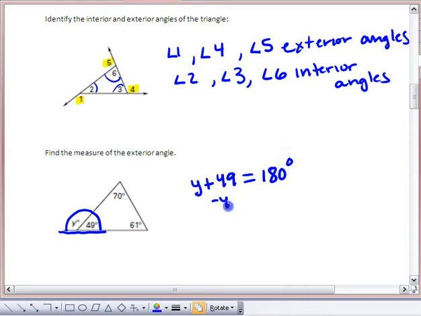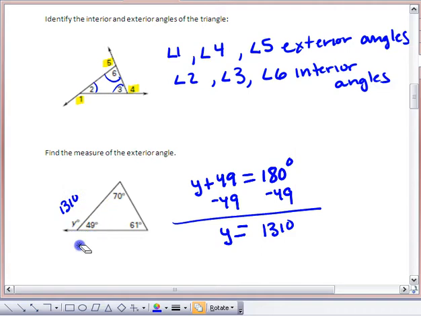That means I should be able to subtract 49, because that's undoing adding 49, from both sides. And I should get y equals 131 degrees. So that means this angle right here is 131 degrees. So angle y equals 131 degrees.